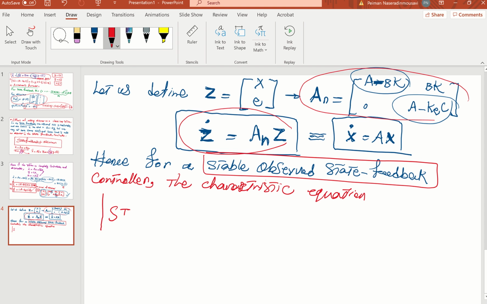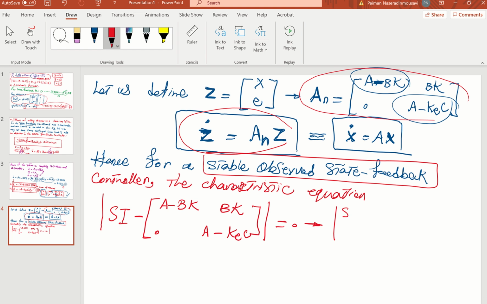Now you know the direct method, that's right. sI minus An: sI minus A plus BK, minus BK, 0, sI minus A plus KeC, equals 0.